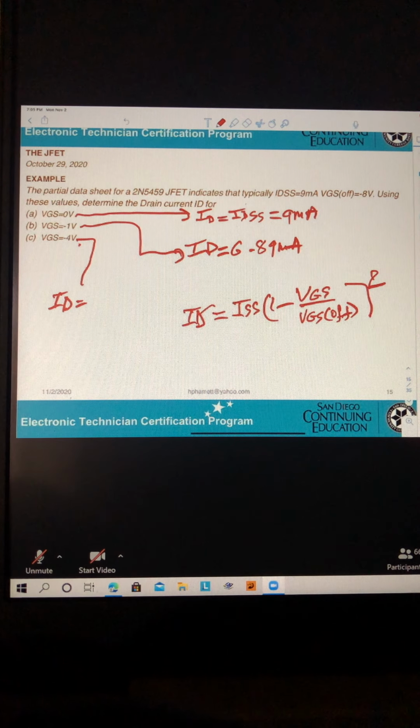Oh, they want the square. I forgot the squared. I got negative 2.241. 1 minus that, negative 4 divided by negative 8.